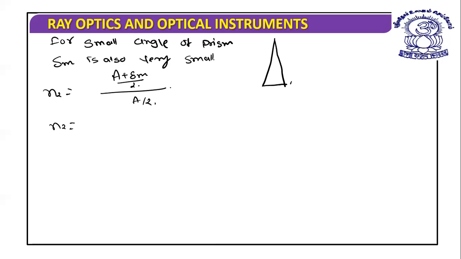So refractive index is (A plus delta M) divided by A. So minimum deviation will be (N minus 1) times A.